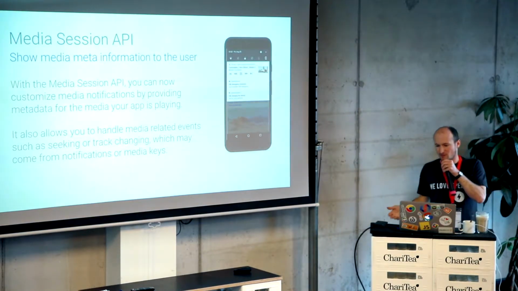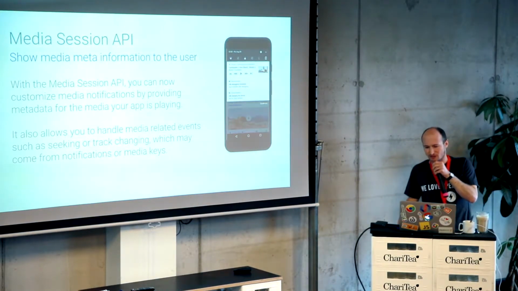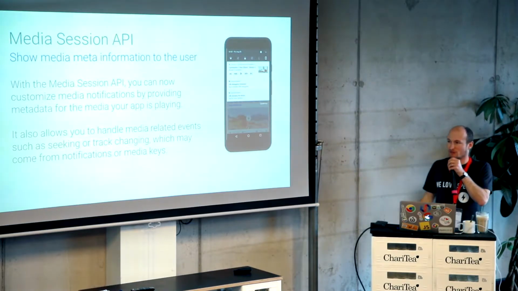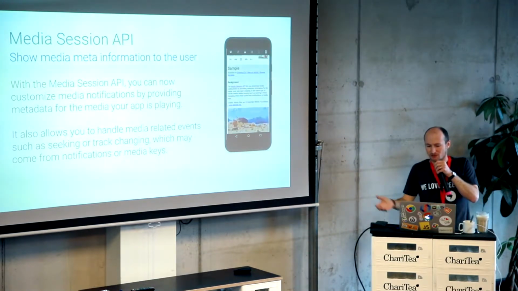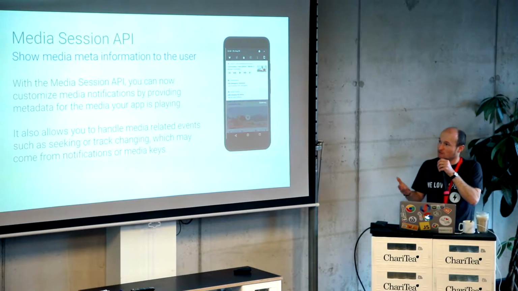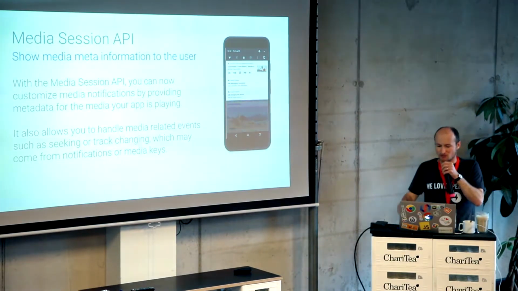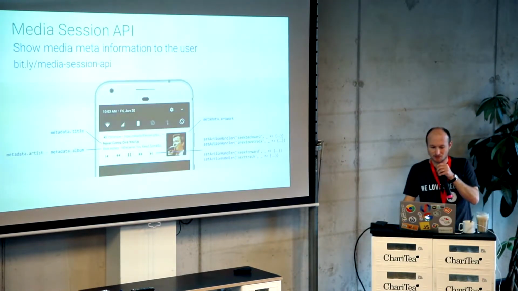So you get from the web a super rich integration directly into this widget. And it's not distinguishable from something like, let's say, Spotify, where you would directly expect this kind of integration, but now it's possible on the web as well.